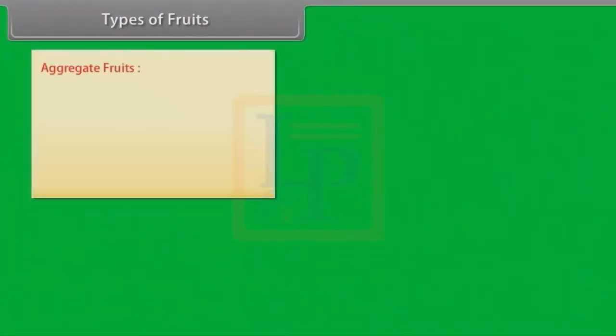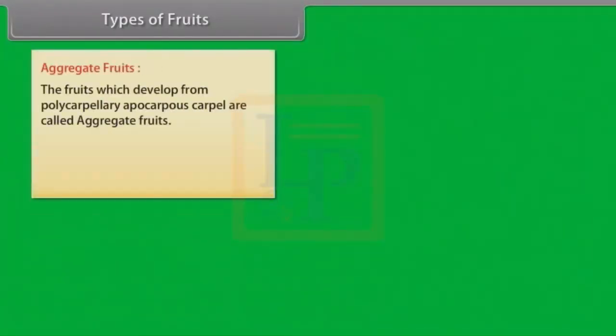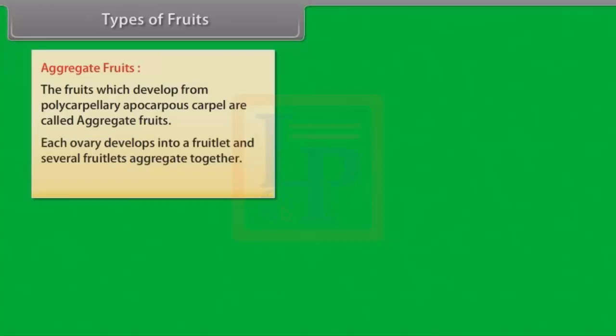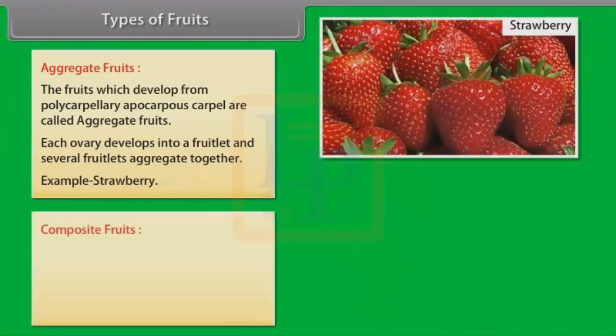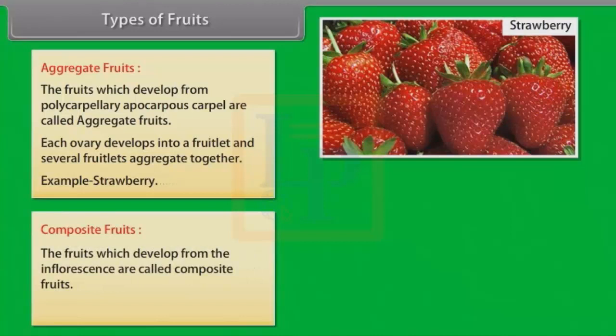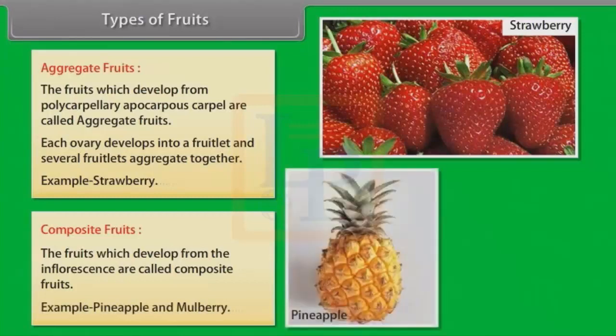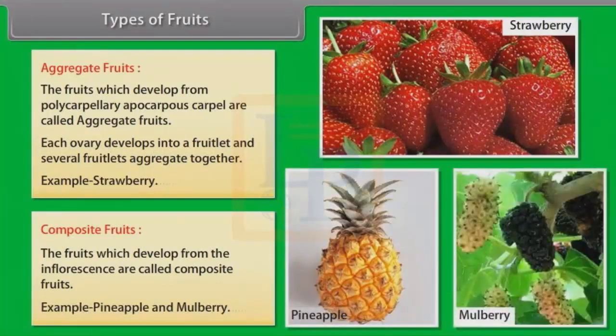Aggregate fruits: the fruits which develop from polycarpellary apocarpous carpels are called aggregate fruits. Each ovary develops into a fruitlet and several fruitlets aggregate together. Example, strawberry. Composite fruits: the fruits which develop from the inflorescence are called composite fruits. Example, pineapple and mulberry.